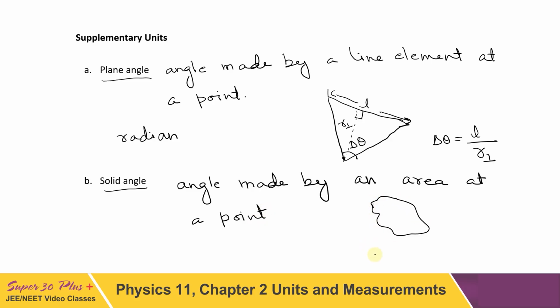Diagrammatically it can be represented. It is the point. So just join periphery of the area element to that point, and this three-dimensional kind of angle, generally it is denoted by delta omega. This is called solid angle. It is measured as area upon square of perpendicular distance. SI unit of solid angle is steradian.